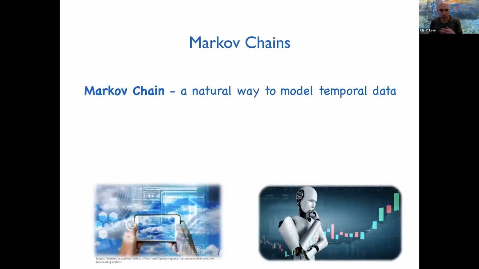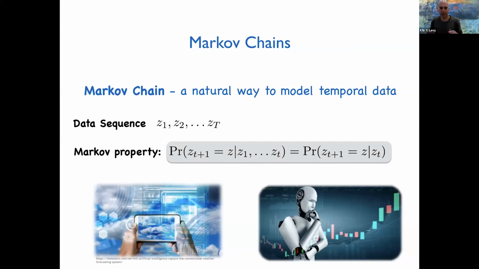A Markov chain is a very natural way to model temporal data, like the price of a stock or the weather. Assuming that we have a sequence of data points, Z1, Z2, that arrives one after another, we assume that the Markov property holds. Markov means that given the present, the future is independent of the past samples.